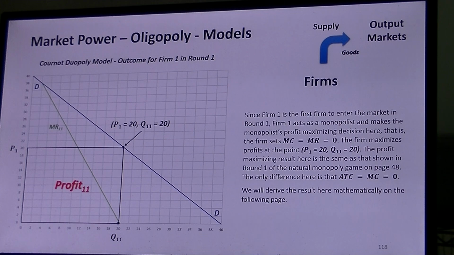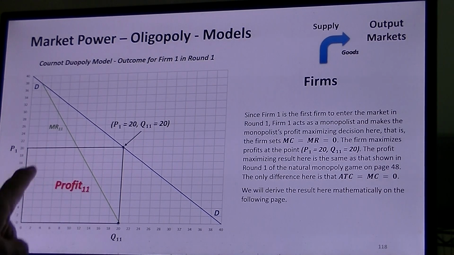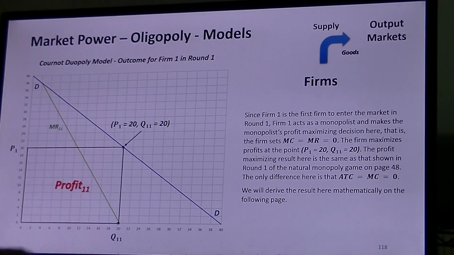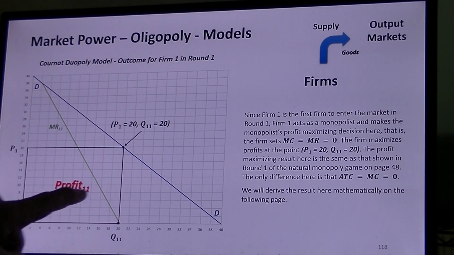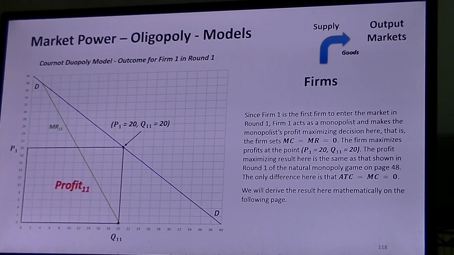Because we have a marginal cost of 0 and a fixed cost of 0, the profit for firm 1 in round 1 is the entire revenue, which is 20 units times the price of 20 equals 400. So the profit here is 400.